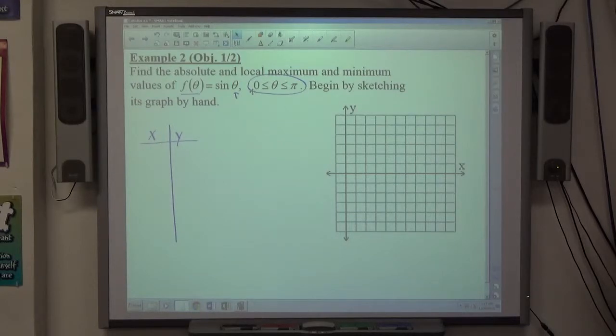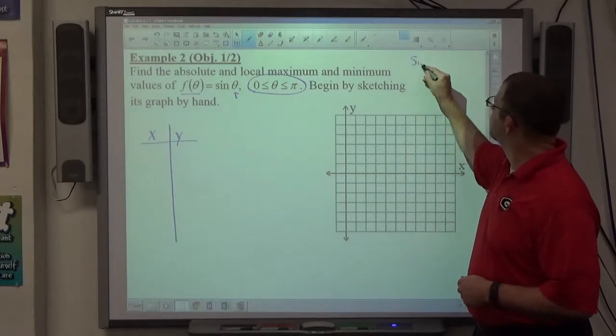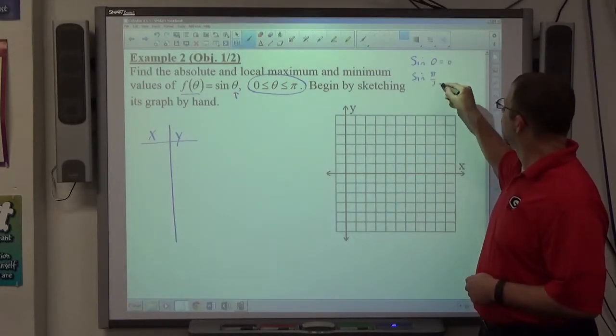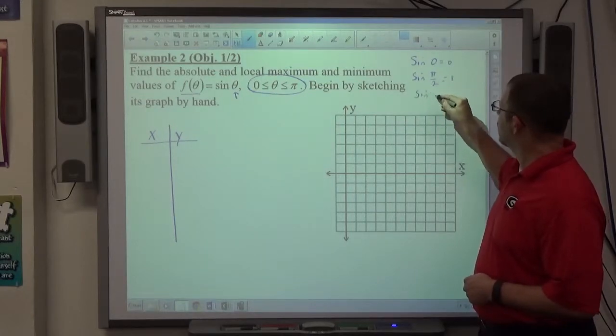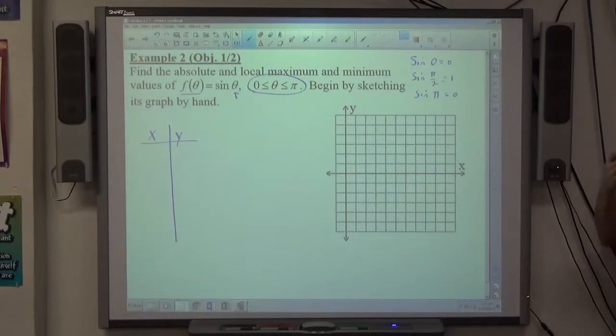Sine itself, we already know that sine of 0 is equal to 0, sine of pi over 2 is equal to 1, and sine of pi is equal to 0. We already know that stuff, right? Those would be some maximum, minimum value type things going on there.